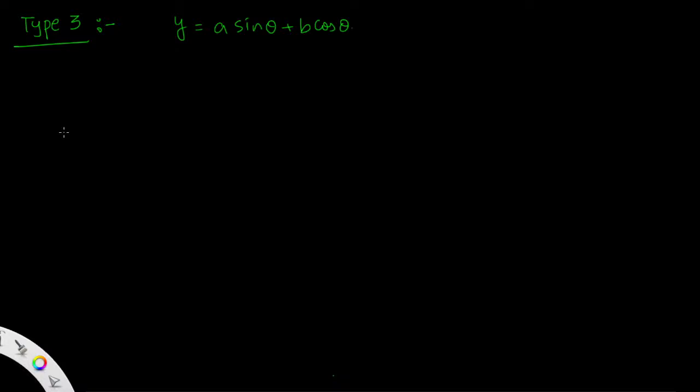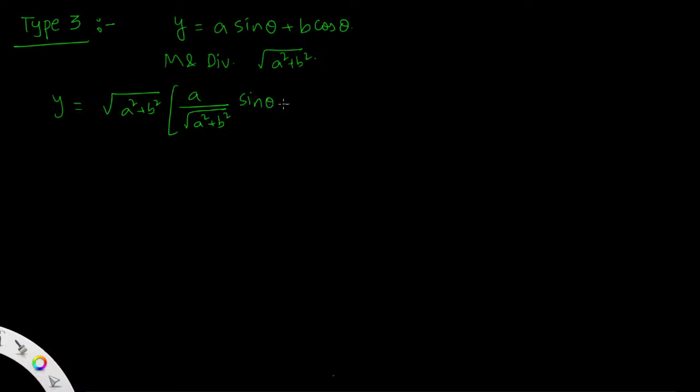For this expansion we have to derive the formula, so I multiply and divide by root of a square plus b square. Then y equals root of a square plus b square, multiplied by a by root of a square plus b square sin theta plus b by root of a square plus b square cos theta.